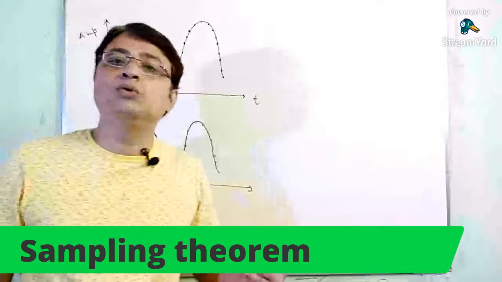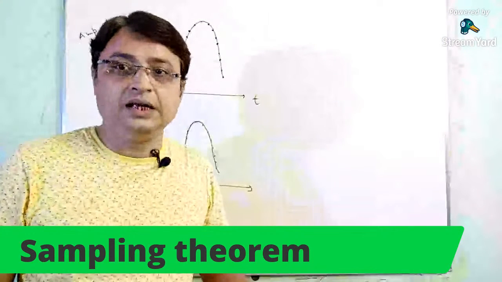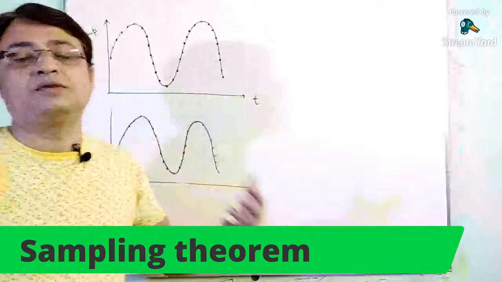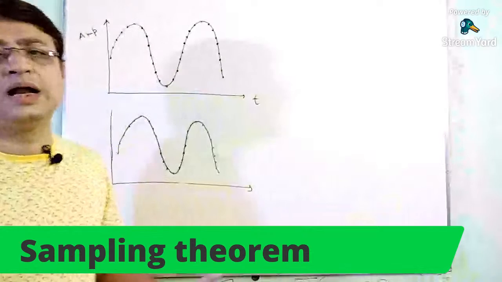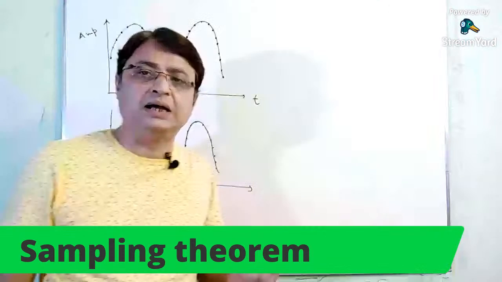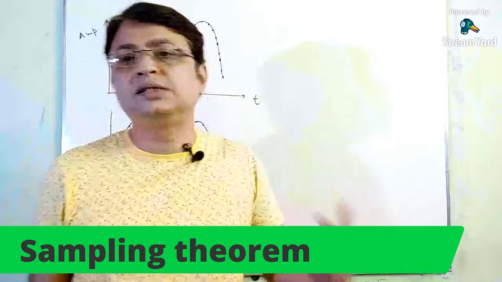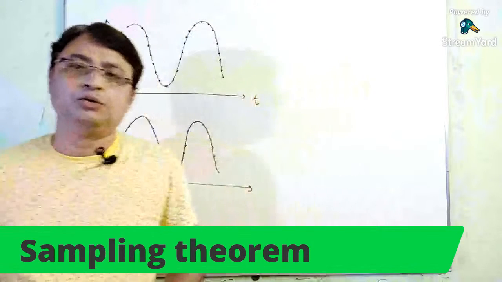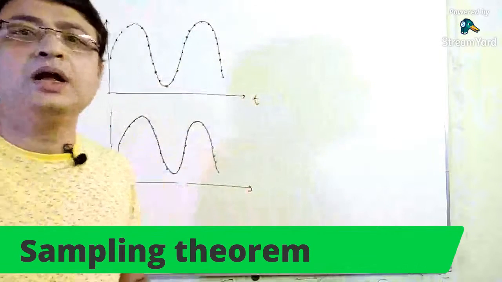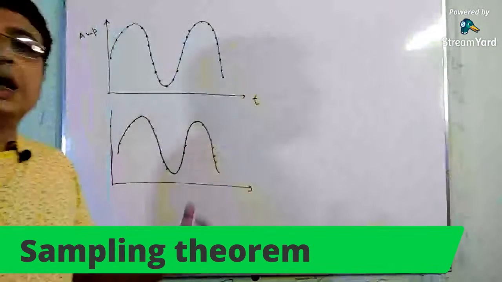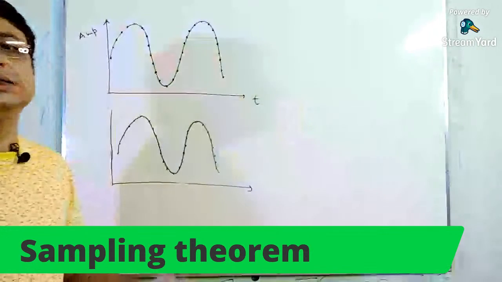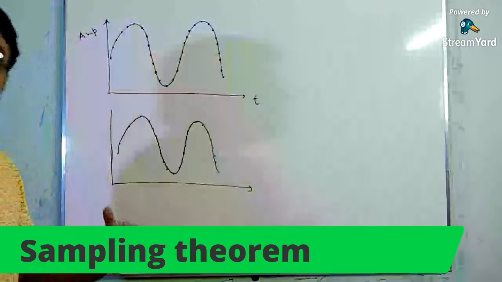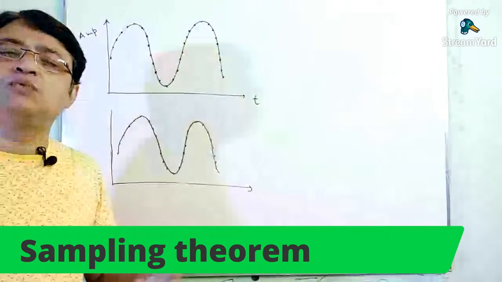Now, if you exceed the sampling frequency, say you sample your signal at about thrice the frequency of the original signal, what will happen?